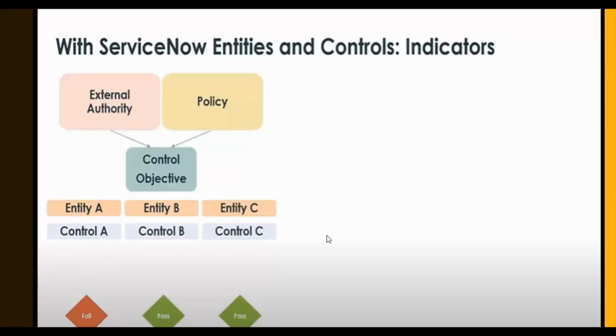These controls have a control owner, and if the control is failed, then the control state is non-compliant. If the control is passed, then the control is in a compliant state. So this is the overall hierarchy. And if we want to execute on a daily, weekly or manual basis, then the indicator will help us to validate the control data.